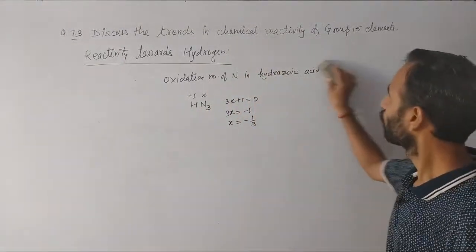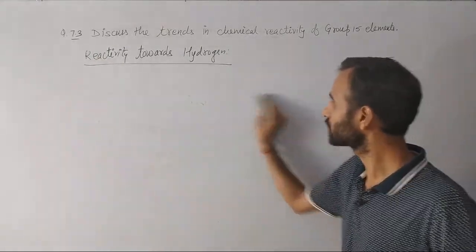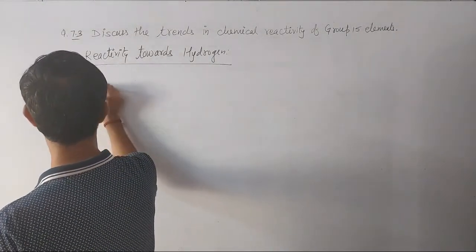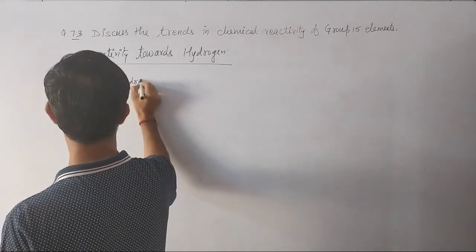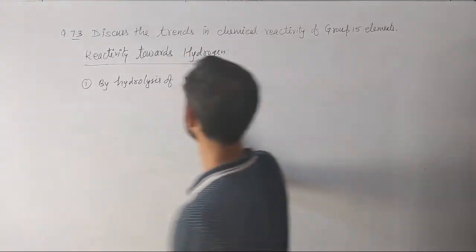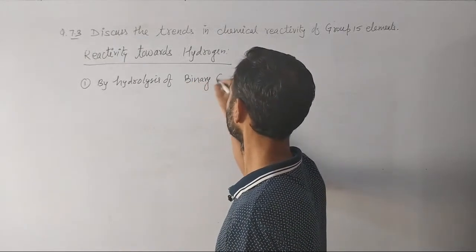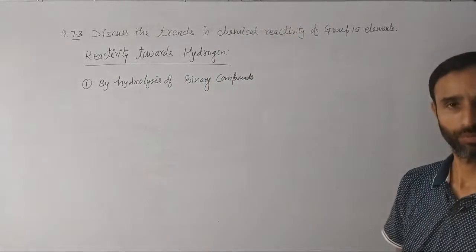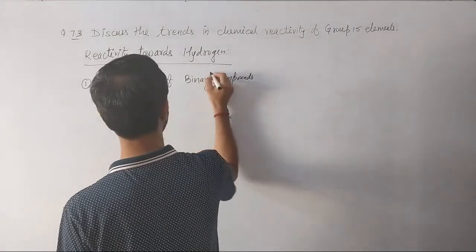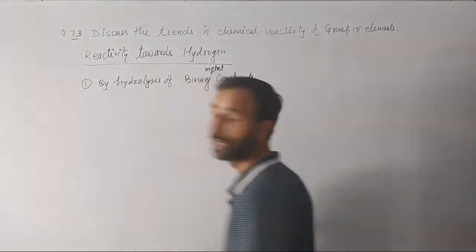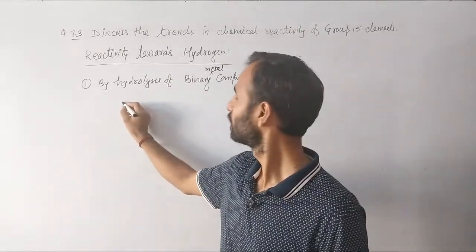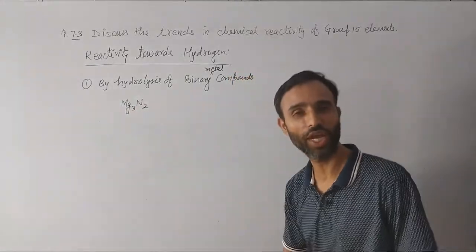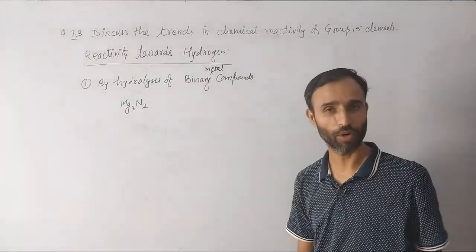So now preparation of these hydrides. To prepare them, first is by hydrolysis of binary metal compounds. Okay, so like magnesium nitride, Mg3N2, hydrolyze this compound.